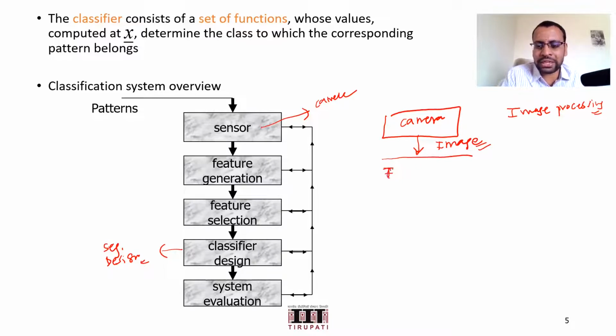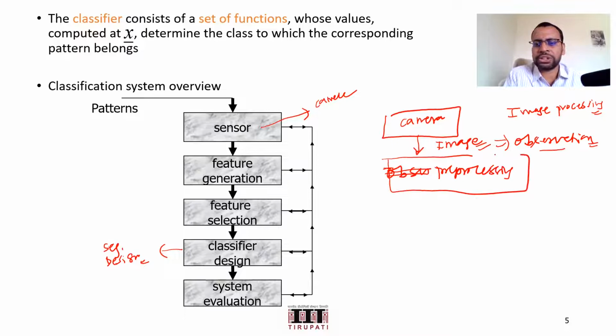So what you have at the end of that is some data. Observations are there. Image is nothing but I could write it as observations. Then you could have, let's say, a pre-processing module here. And of course, in your diagram, if you want, you could consider this as a part of your sensor. It's up to you.